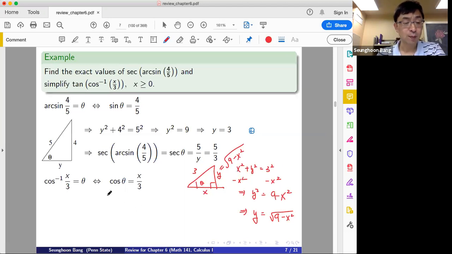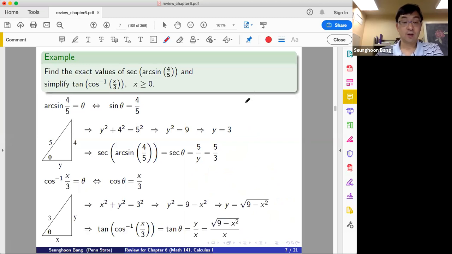Next, you can plug theta into here. This is the same as tangent of theta. What is tangent of theta? Using the definition of tangent with the right triangle, opposite over adjacent, we have square root of 9 minus x squared over x. So that's it. This is your final answer.